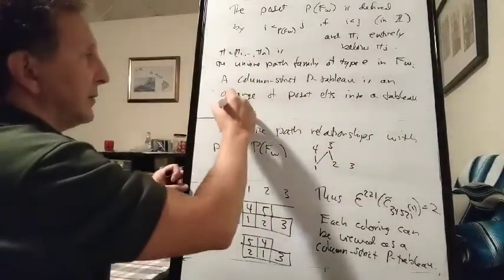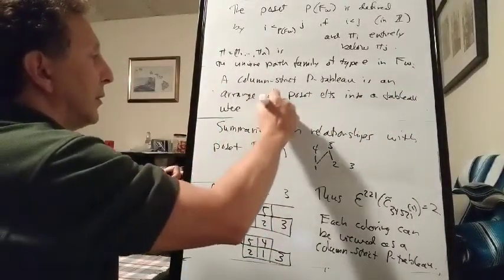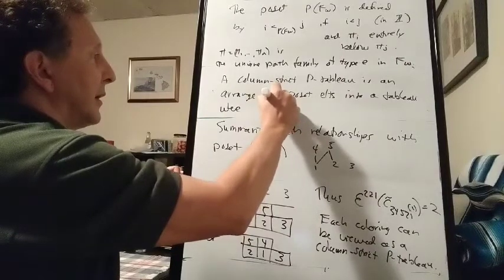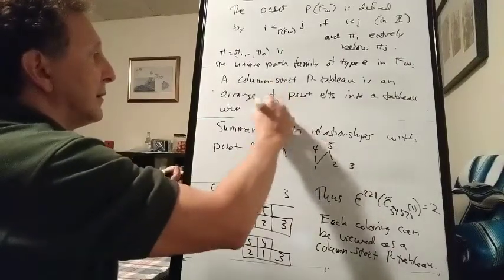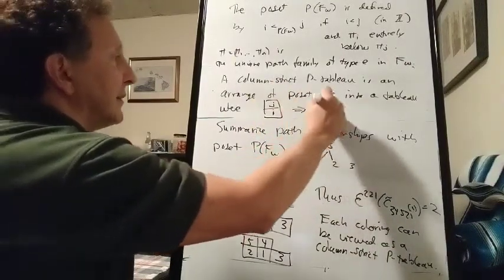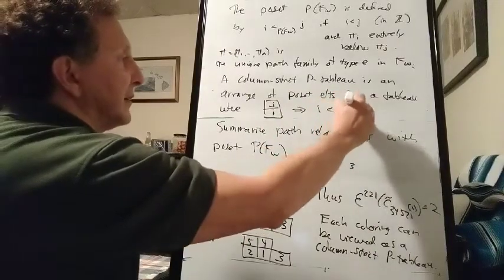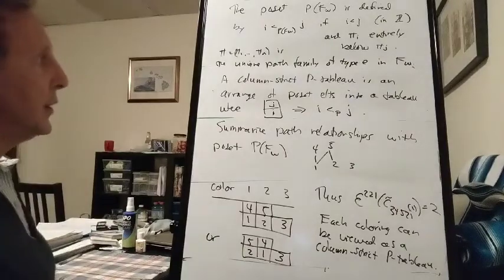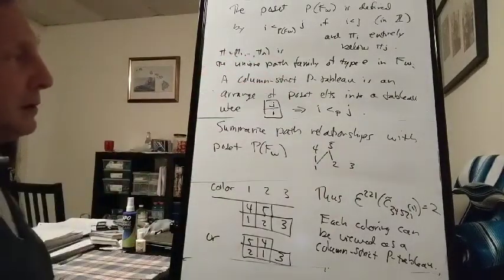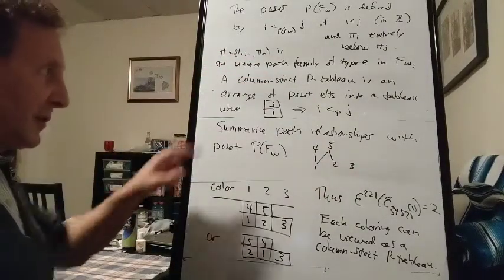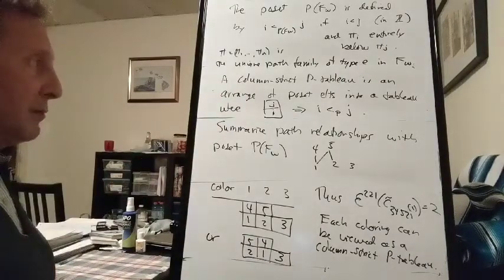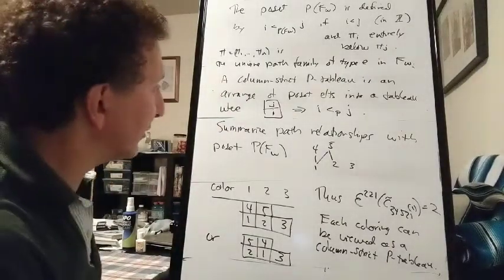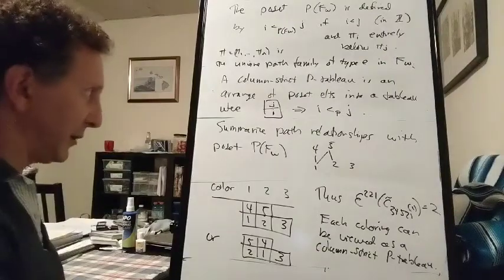Column strict means that if we have I below J, that means that I has to be less than J in the poset. If we just say P tableau, it's an arrangement of poset elements into a Young diagram with no restrictions on what can be in the same row or what can be in the same column.